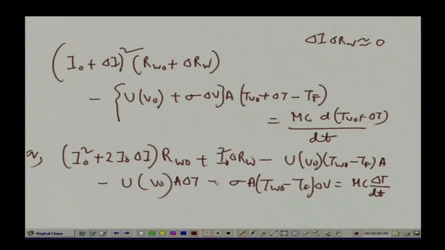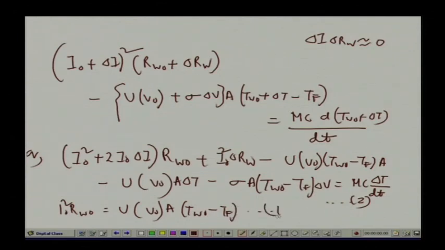Let me write down the equation. If I call this equation number 2, our equation number 1 was I naught squared RW equal to U V naught A times TWO minus TF. Okay, this was equation 1.